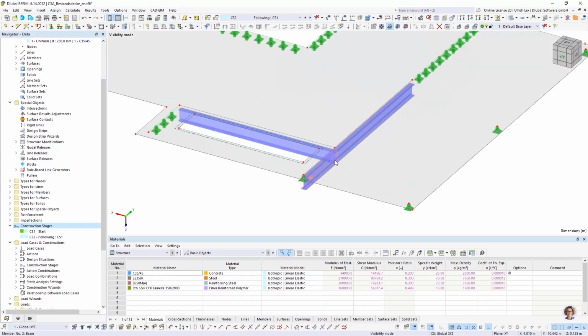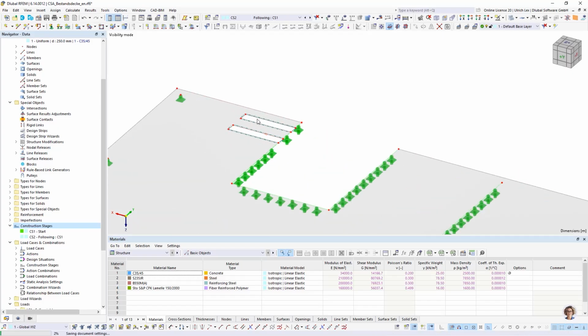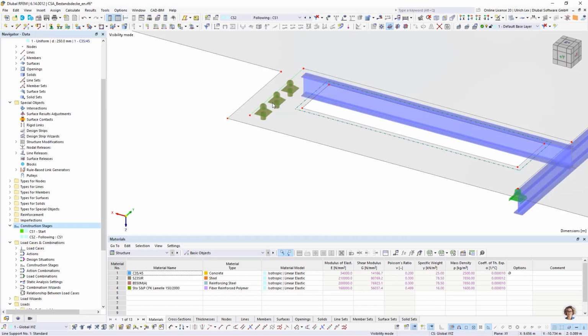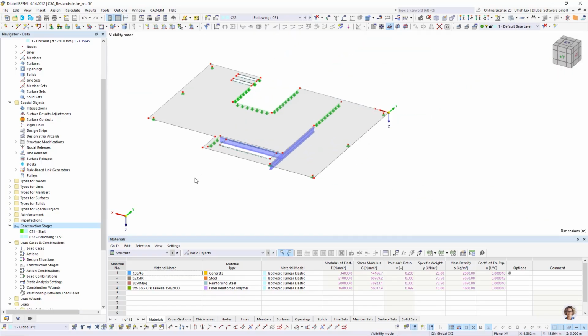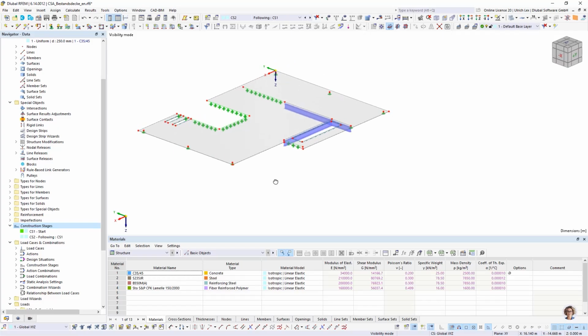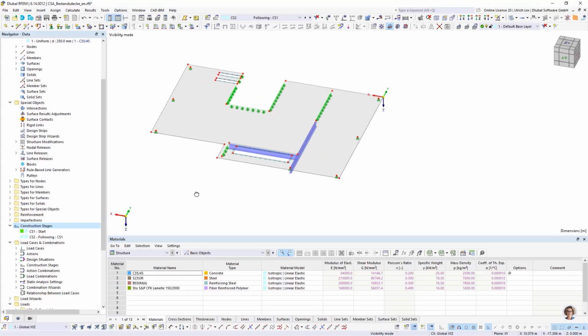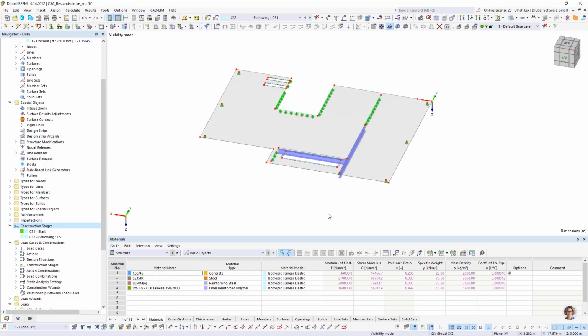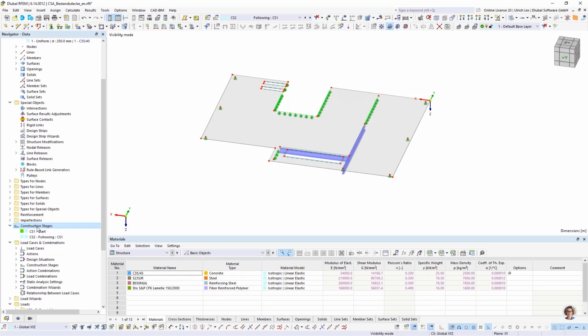I have my steel members, my created openings, and the line support here in the front. Okay, so when we did this, the different stages are finally created.